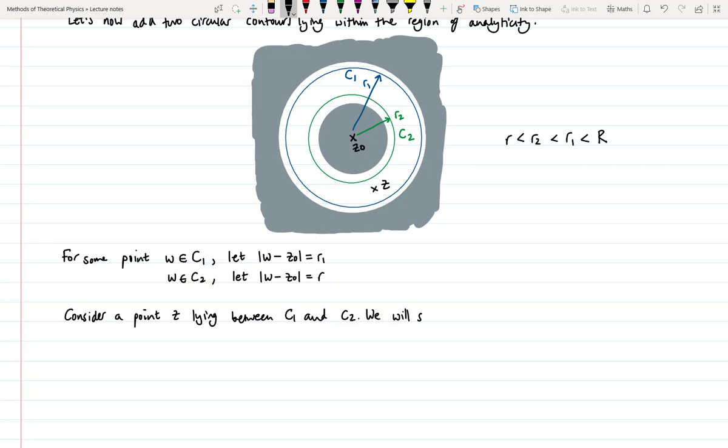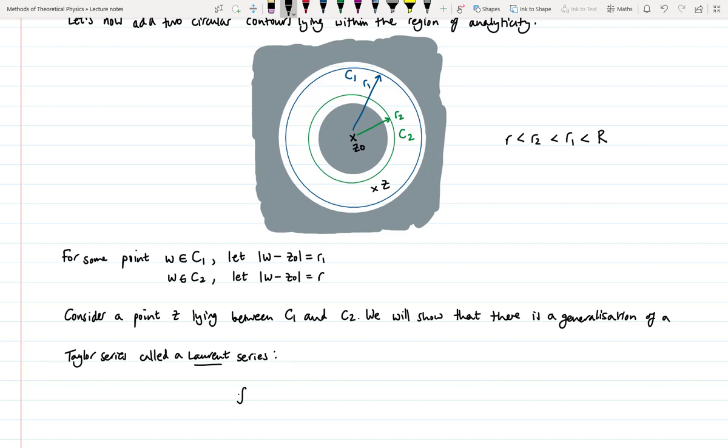We will show that there is a generalization of a Taylor series called a Laurent series. So a Laurent series is given by this expression.